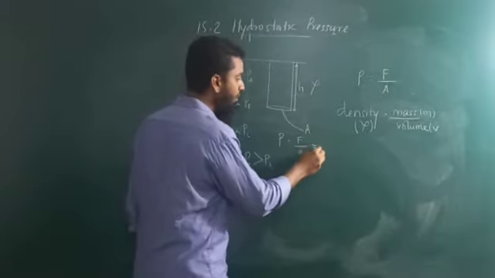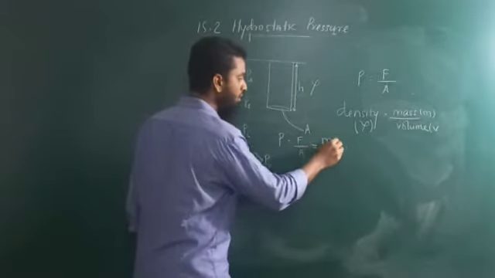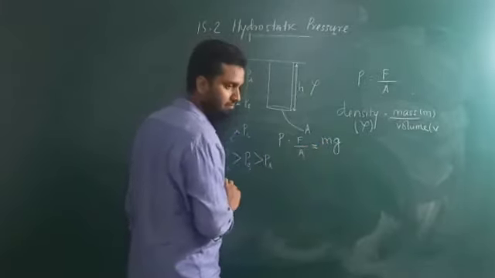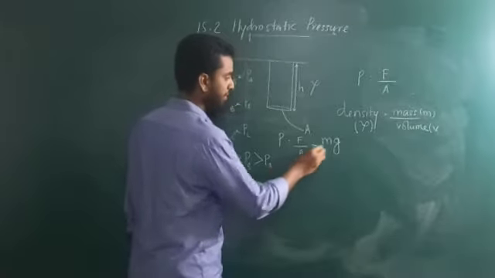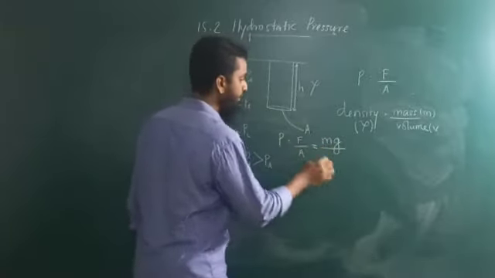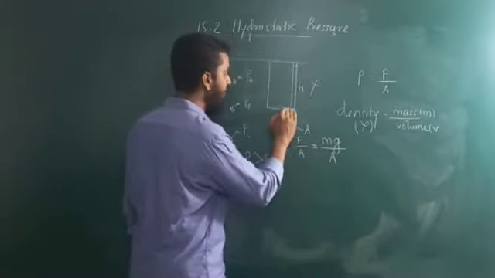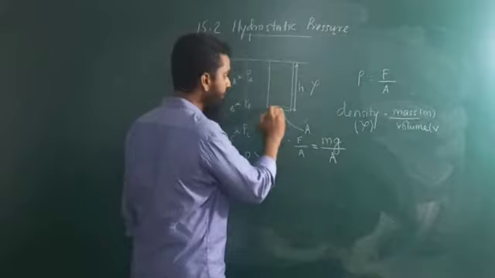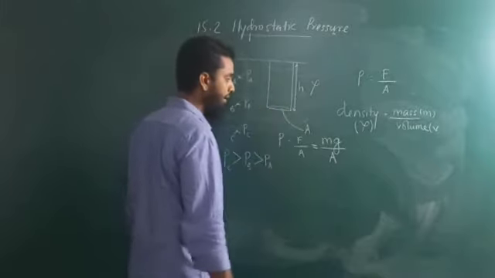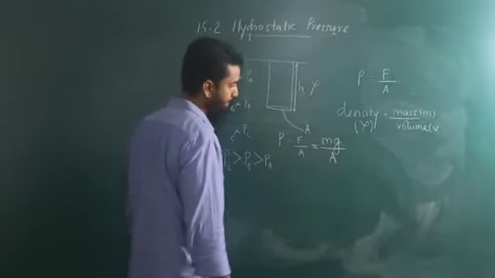What is the weight of the water column? Mass into gravitational acceleration. Is it correct? Yes. Divided by the cross area A, which is the area where this water column gives the pressure.